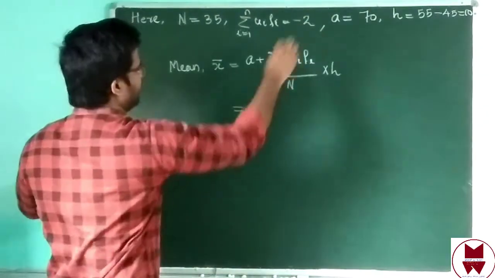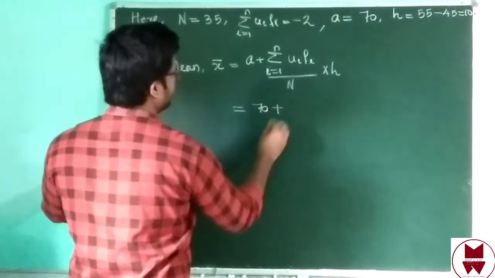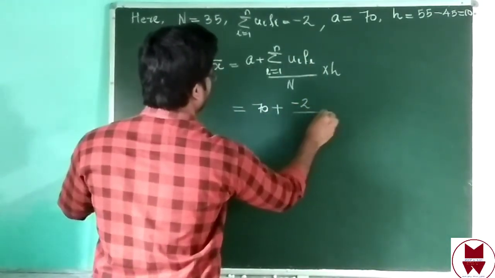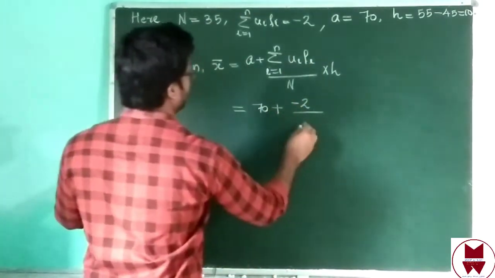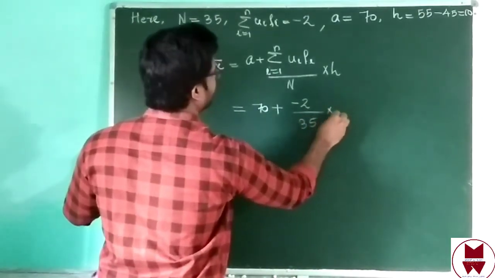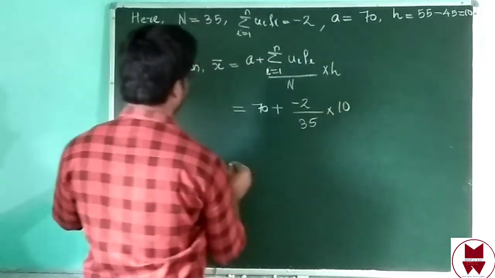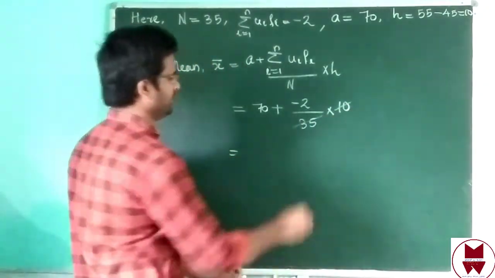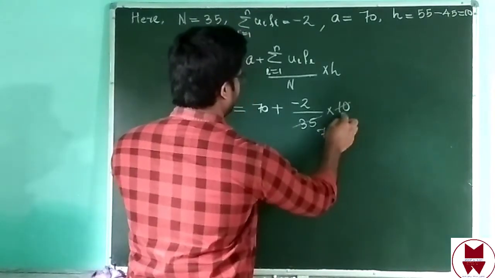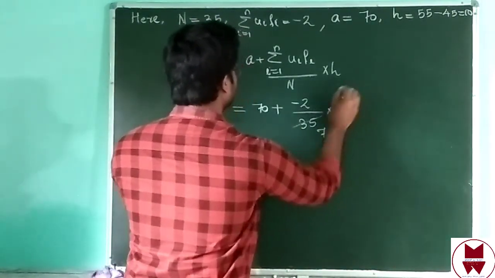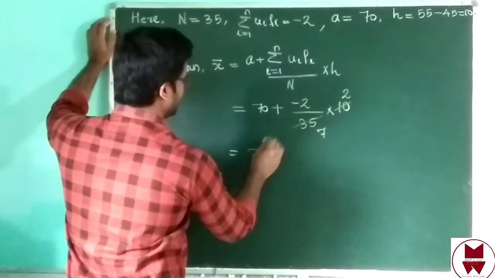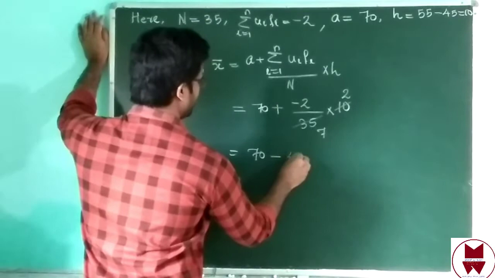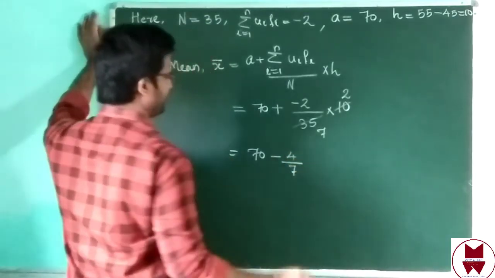A means 70 plus sum of ui into fi is minus 2 divided by n. N means 35 into h. H is 10. We can cancel this 35 and 10 by 5. In 35, 7 times. In 10, 2 times. 70 plus minus 2 into 2, that is minus 4 divided by 7.